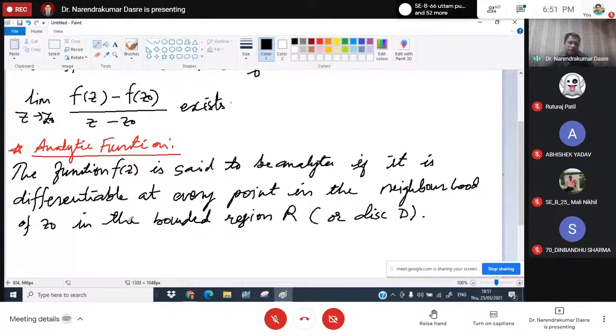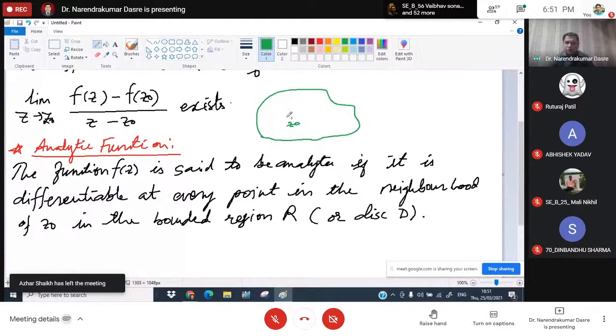So we can have any bounded region and any point we consider as z0. So if the function is differentiable at every point in the neighborhood of z0 and in this bounded region, z0 can be anywhere. Basically, if it is differentiable at every point in this bounded region R, then we say this function is analytic in this region.